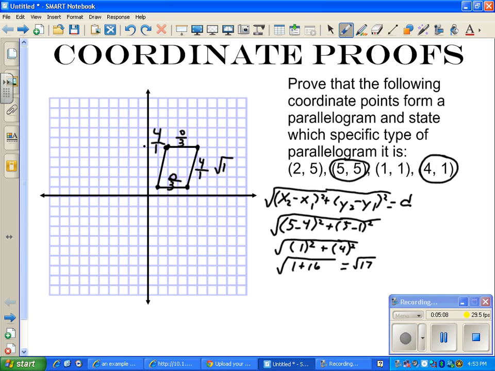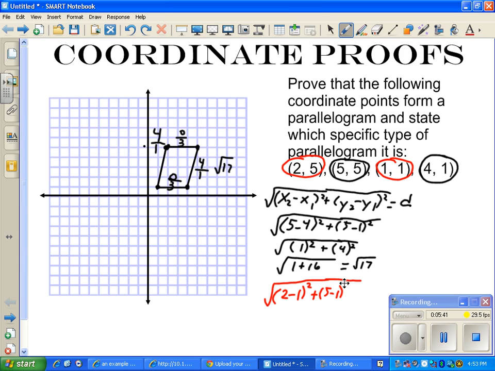Well, let's see if the other side is also the same length. So we're now going to use 1, 1 and 2, 5. So once again, we're going to plug it into this formula. So we're going to take our x1 minus x2, and then y1 minus y2. Extend that a little.